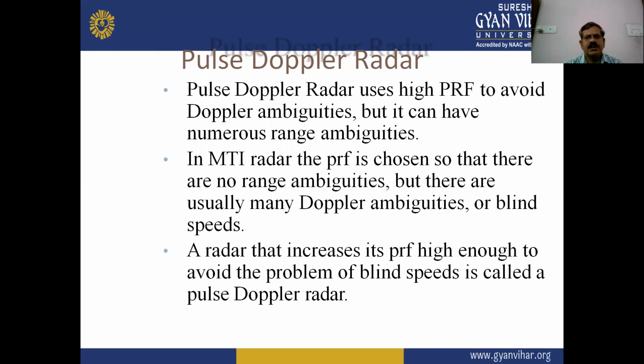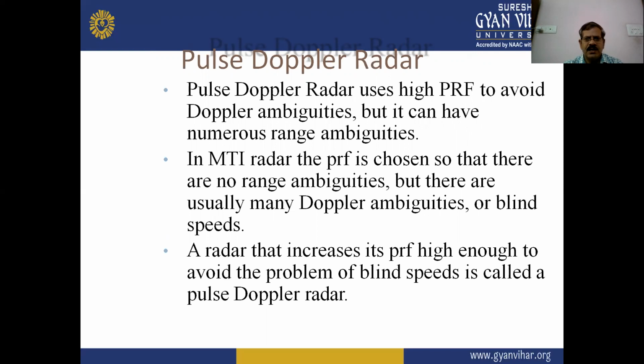Next one is the pulse Doppler radar. Pulse Doppler radar uses a high PRF to avoid Doppler ambiguities, but it can have numerous range ambiguities.